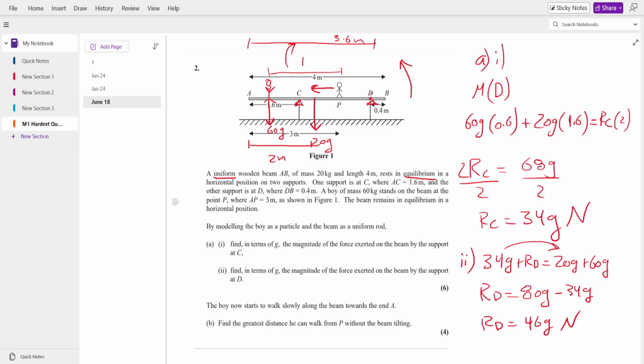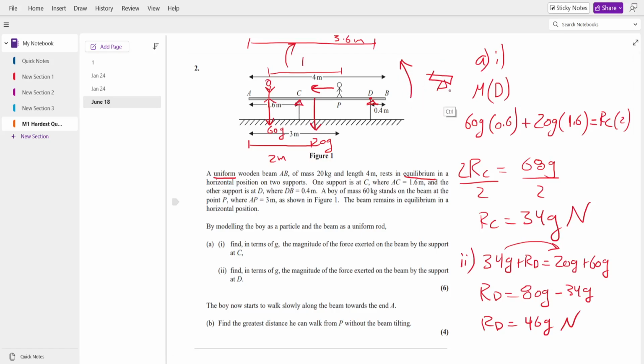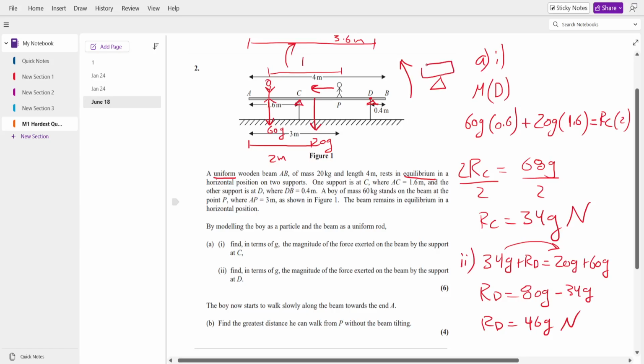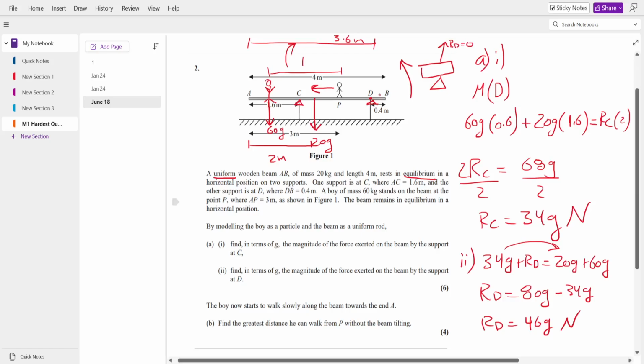And if there is something that is lifting off D, will I have any reaction force at D? No, because a reaction force is when something is pressing on the support, so the beam is pressing on the support down, so the support is pressing back up, which is from Newton's third law. However, if the beam is about to tilt, so it's about lifting, it's touching, but it's not exerting any force on the support, thus R at that point is going to equal 0.